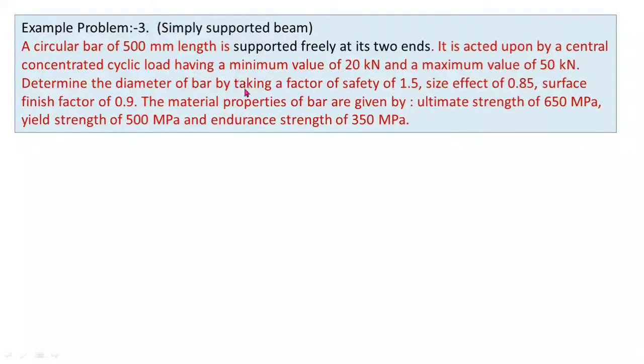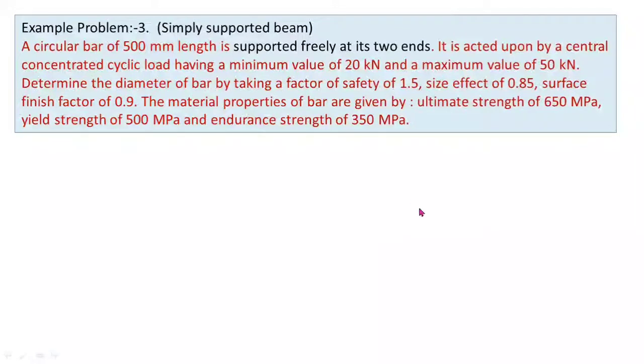Determine the diameter of the bar by taking a factor of safety 1.5, size factor equal to 0.85, and the surface finish factor equal to 0.9. Material properties of the bar are given by ultimate tensile strength sigma u equal to 650, yield strength equal to 500 megapascal, endurance limit equal to 350 megapascal.